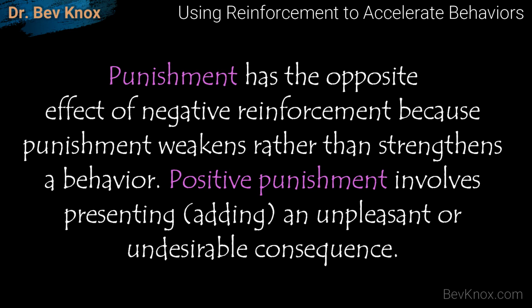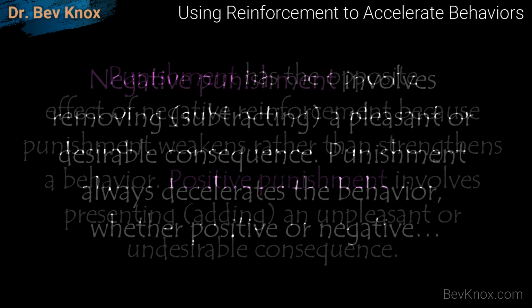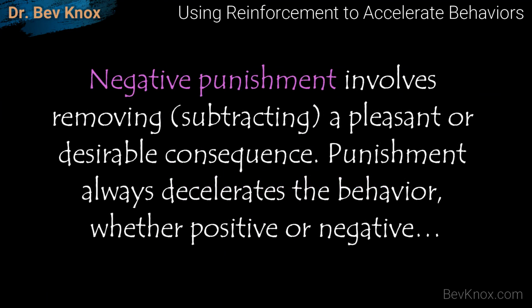Positive punishment involves presenting, or rather adding, an unpleasant or undesirable consequence. Negative punishment involves removing or subtracting a pleasant or desirable consequence. Punishment always decelerates the behavior, whether positive or negative.